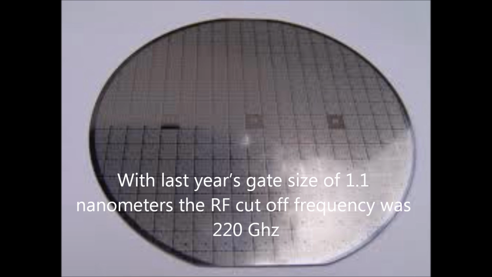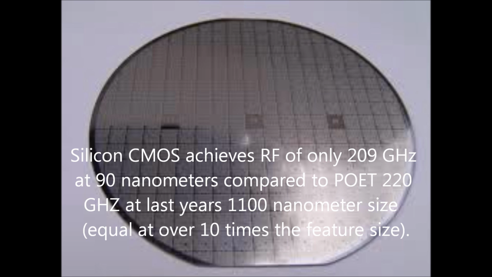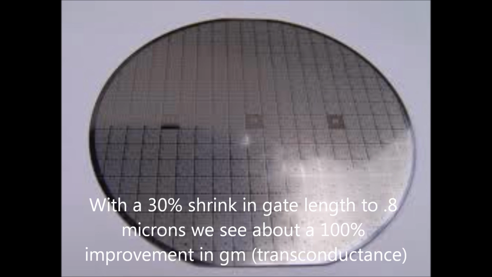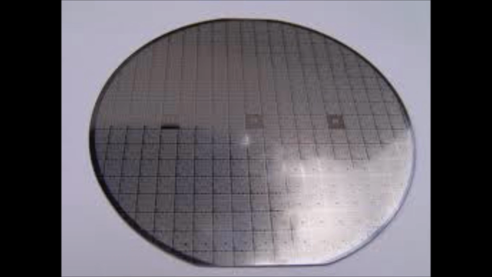Here we modified our structure and made some improvement to our growth. You can see the 0.8 is about a 20-30% shrink, but our GM increased almost double. Theoretically it's proportional: you shrink 30%, you increase 30%.